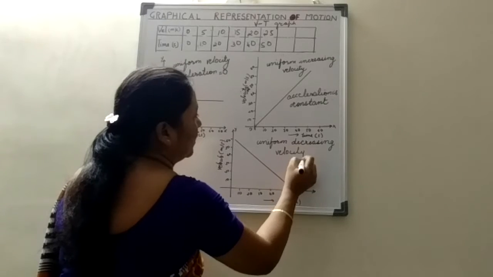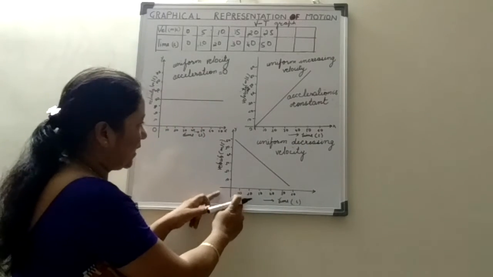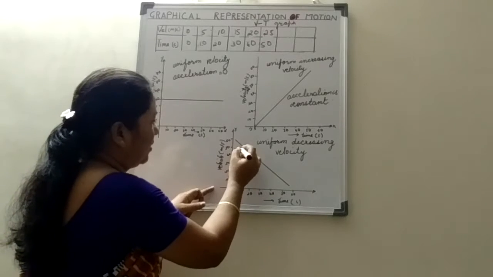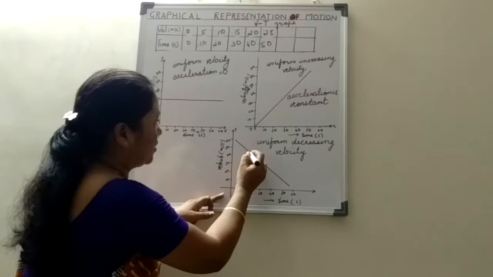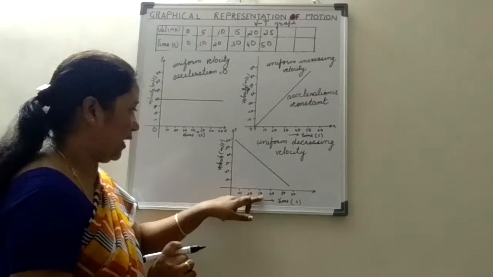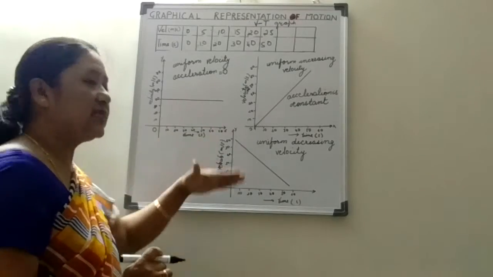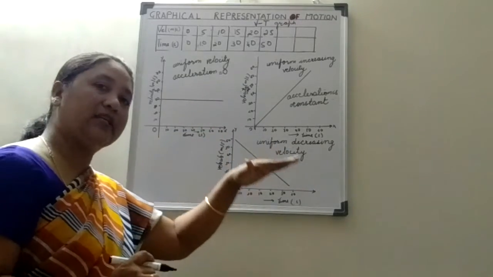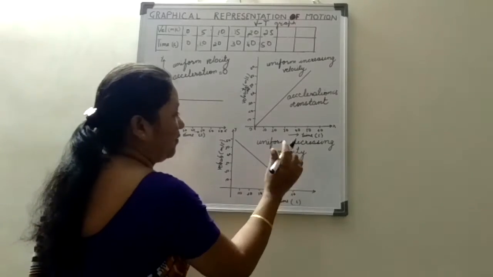Why am I saying this? Because at 10 seconds the velocity is 50 meter per second. At 20 seconds the velocity becomes 40 meter per second. At 30 seconds the velocity becomes 30 meter per second. As the time increases, the velocity decreases uniformly. So this is uniformly decreasing velocity.